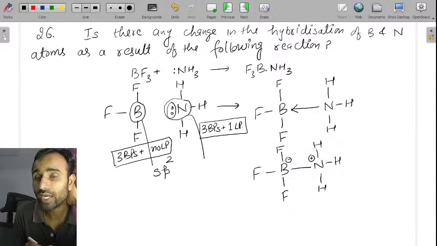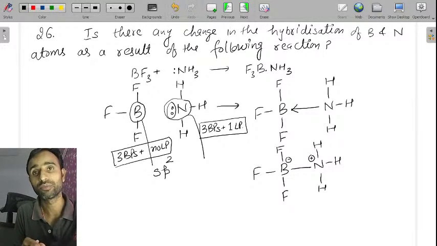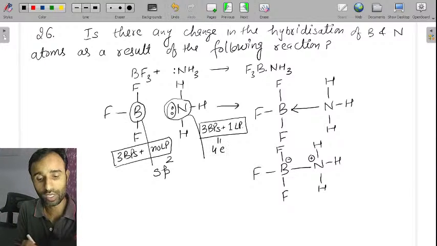Very good. No, beta Siddharth. There are 3 bond pairs but 1 lone pair. Lone pair is always hybridized. Please keep in mind. Okay, so total 4 electron pairs, right?